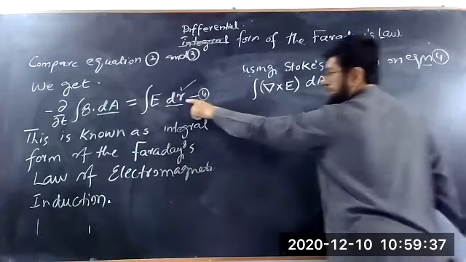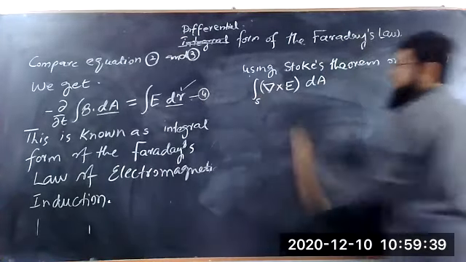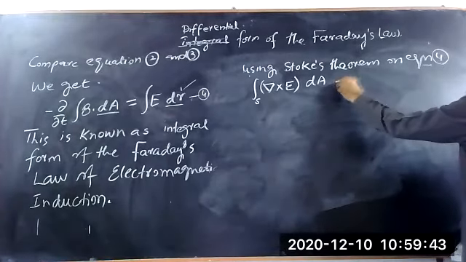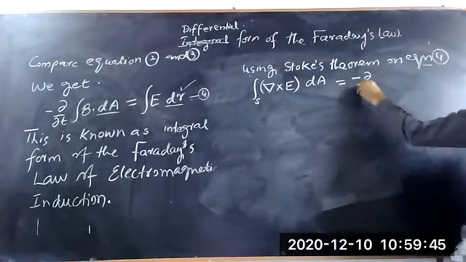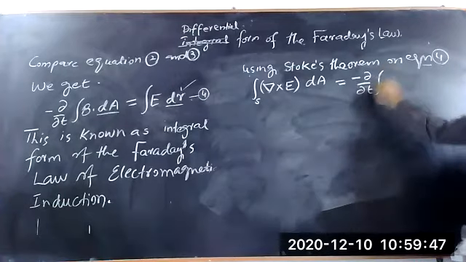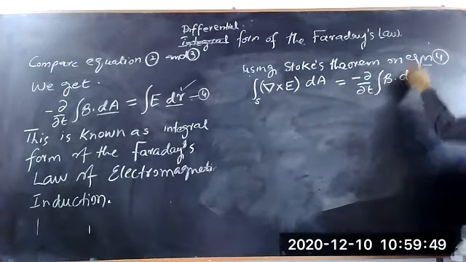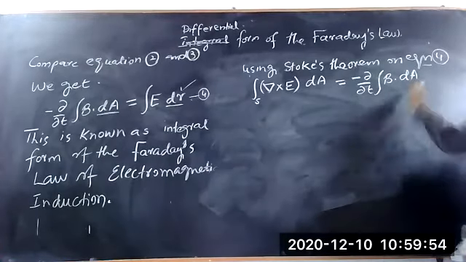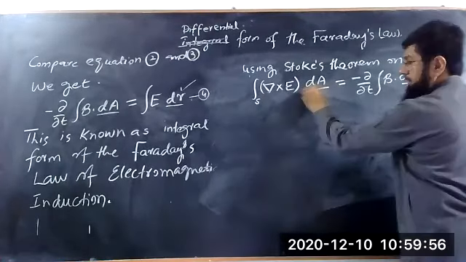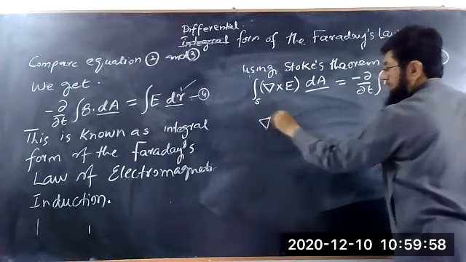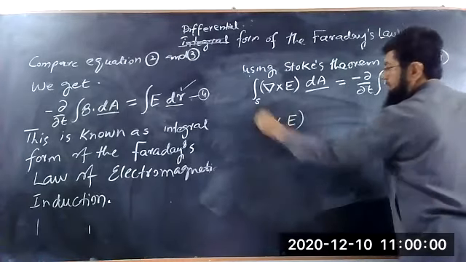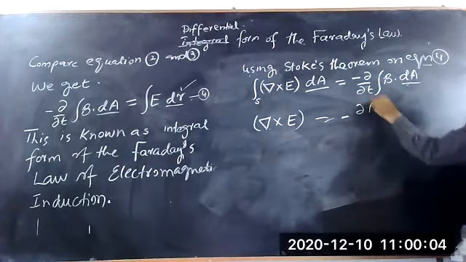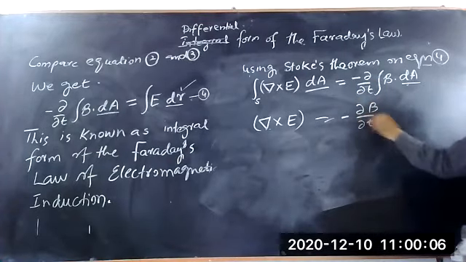A one dimensional integral is converted into a two dimensional integral, equal to minus d over dt of the integral of B dot dA. The integral on both sides is the same, so that can be omitted. As a result, curl of E is equal to minus dB over dt.